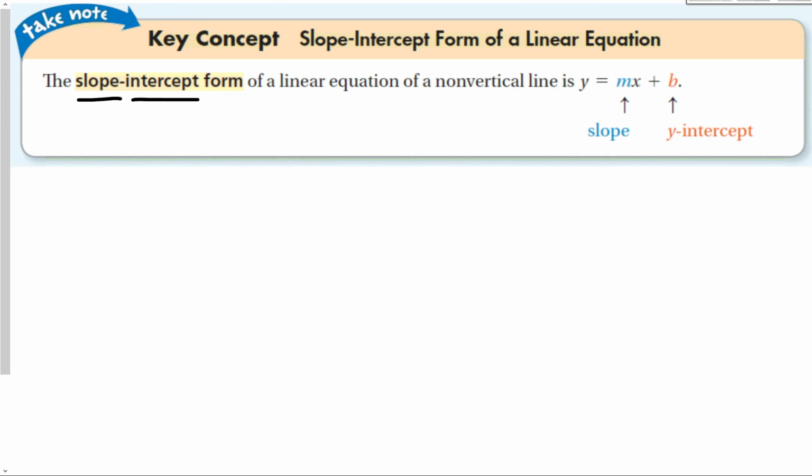Some people think it's because m is an unknown, but in French, the word to climb is monter. So it's kind of understood that m is slope, and slope means how steep a line is. So it could come from to climb. Anyway, no matter what we use for the variable, we're always going to use m for slope and b for our y-intercept.